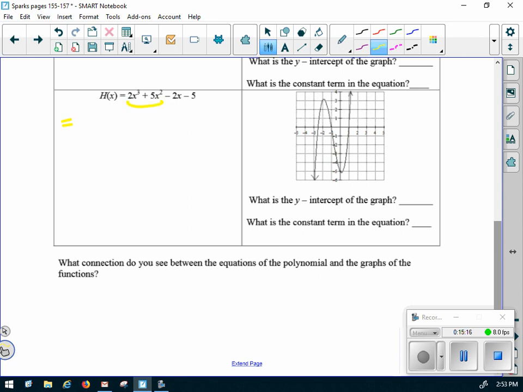Clear them up. GCF? Times what? Keep going.